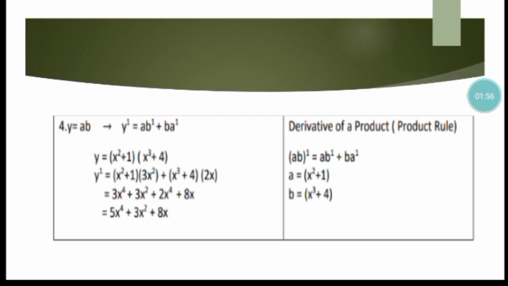Next, we have the derivative of a product, or the product rule: a times the derivative of b plus b times the derivative of a. For example, x squared plus 1 times x cubed plus 4. We have a first term and a second term.